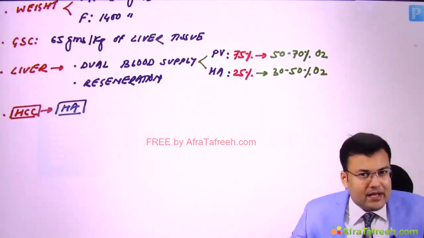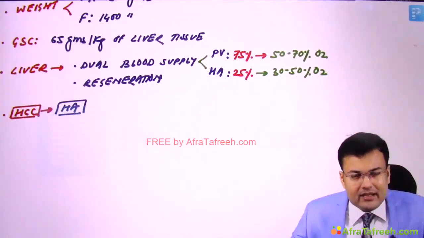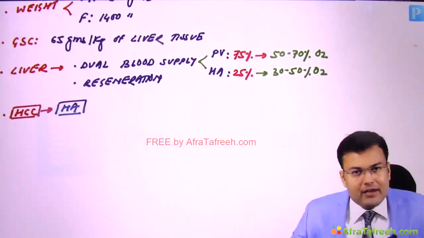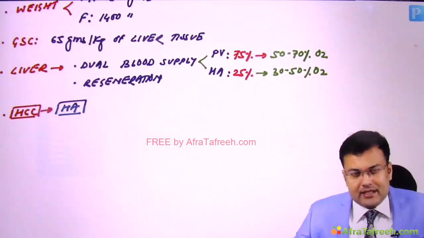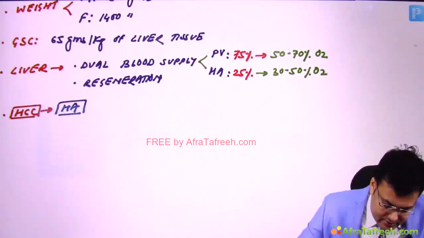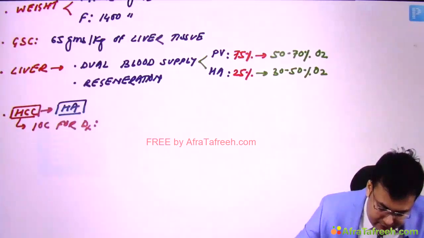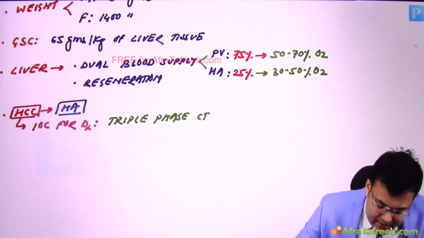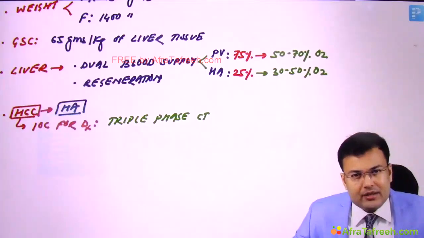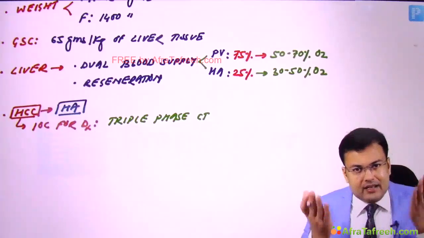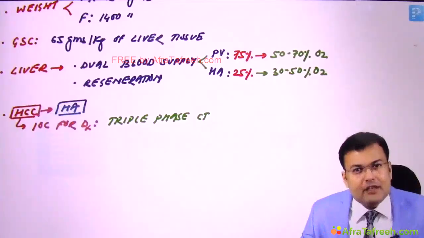The application is in radiology. The investigation of choice for diagnosis of HCC is triple phase CT. And what is the diagnostic criteria on triple phase CT? It is arterial hypervascularization with venous washout.